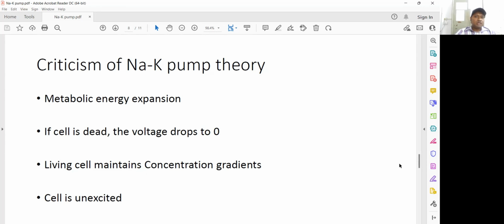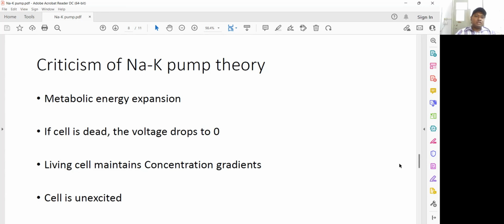The sodium potassium pump will not maintain its pumping. That means no ionic concentration gradient will be maintained, no 30 times sodium ion concentration inside and potassium ion concentration outside. So the voltage drop will become 0. If the cell is dead, the voltage will drop down to 0.